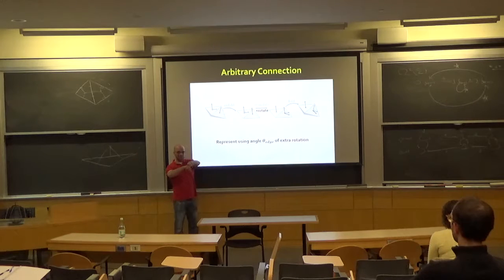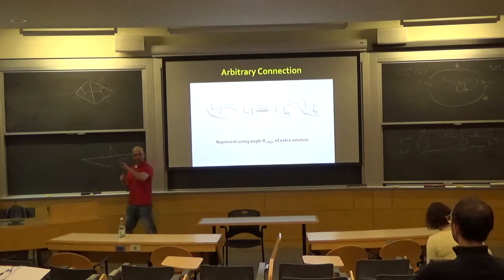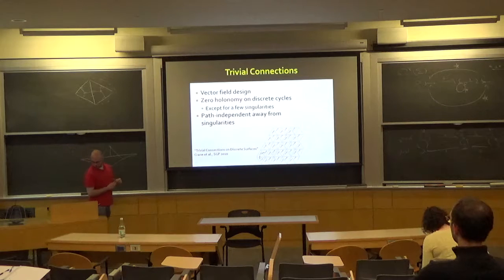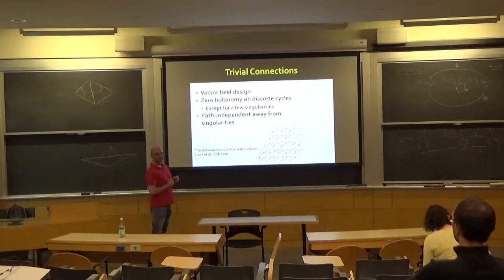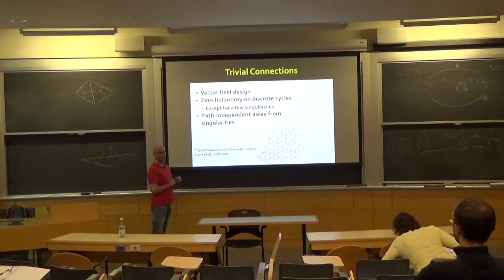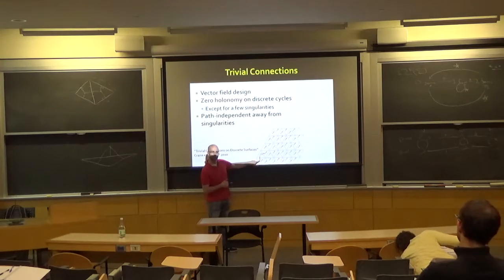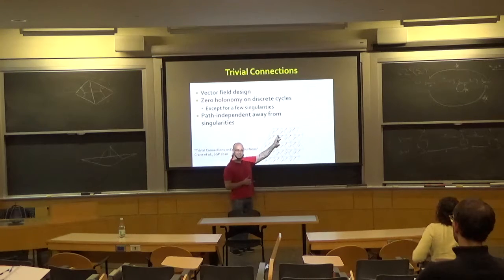So the number that I'm going to keep track of per edge is that angle, the rotation or the deviation from parallel transport of my vector field. So what the trivial connections paper says is that I'm going to actually choose my connection to be 0 everywhere, as much as possible. So in other words, for most edges, like let's say that I just fix this one vector here, I'm going to pretend like my mesh is planar and just parallel transport it.